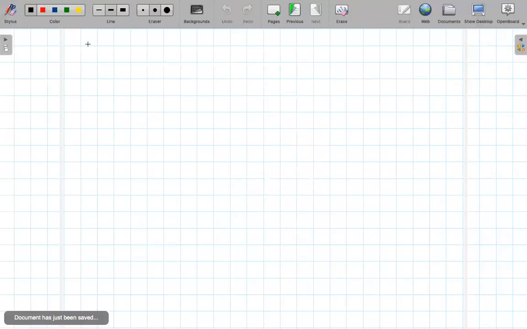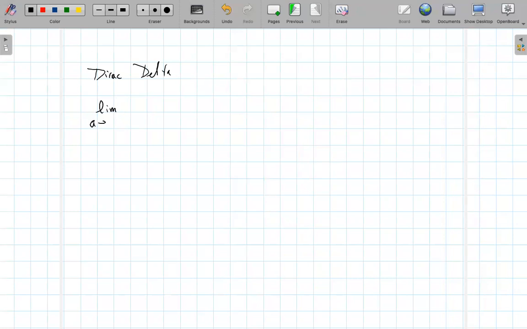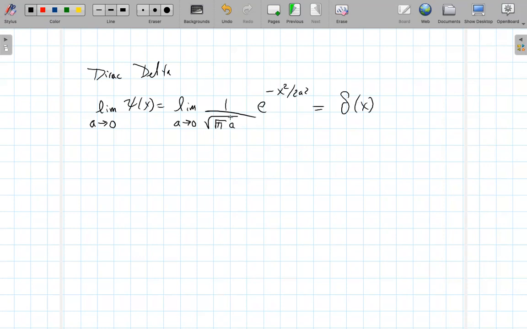One of the definitions of the Dirac delta is that if we take the limit as a goes to 0 of our Gaussian wave packets, which is equal to the limit as a goes to 0 of 1 over the square root of pi times a, e to the minus x squared divided by 2a squared, this is equal to the Dirac delta function centered at 0.